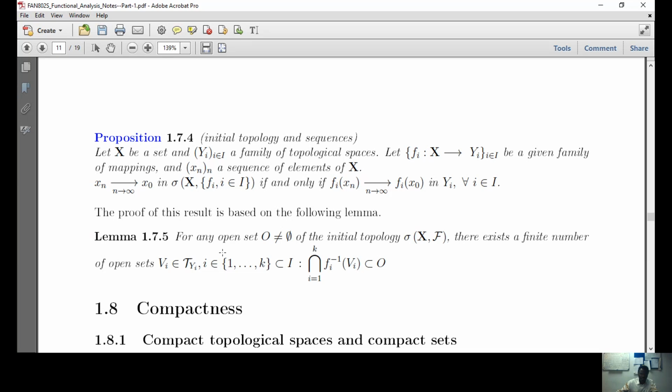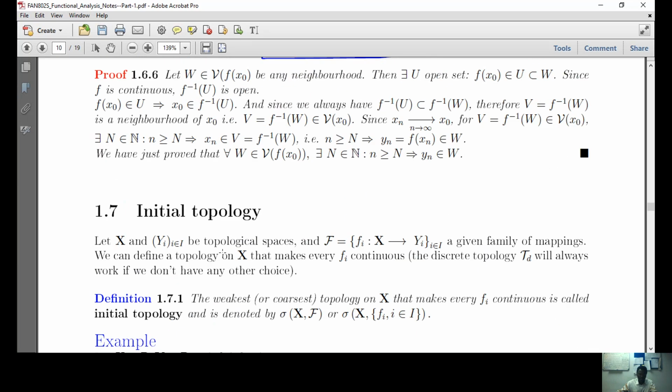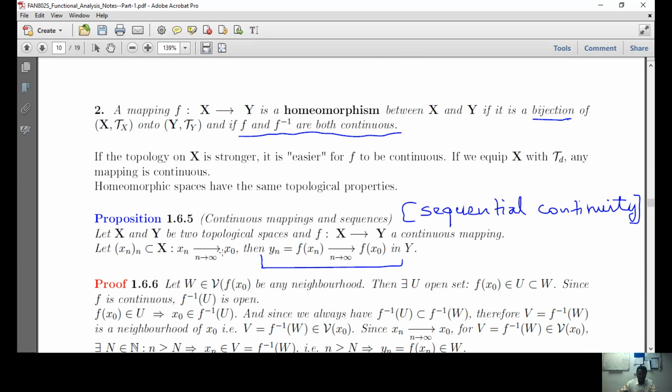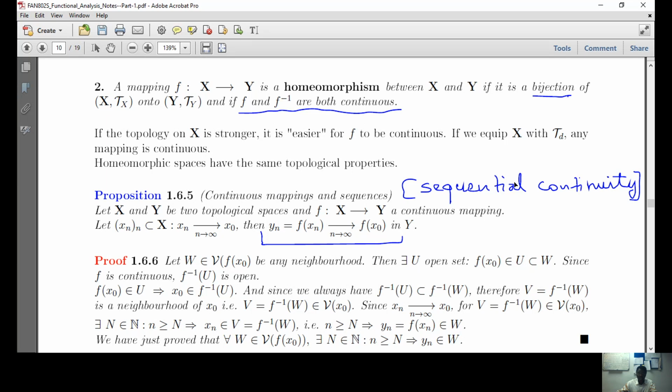So if you go to the definition of sequential continuity, you understand exactly what I'm talking about. Sequential continuity is exactly characterized by that. The function is continuous if that is true.